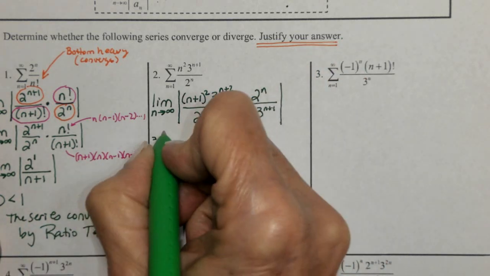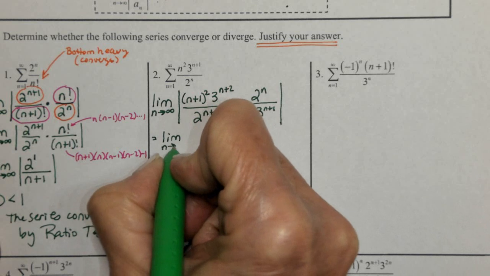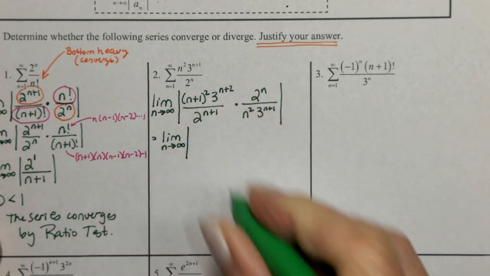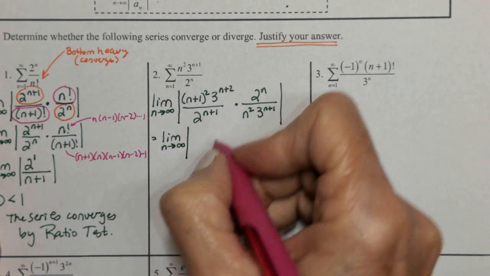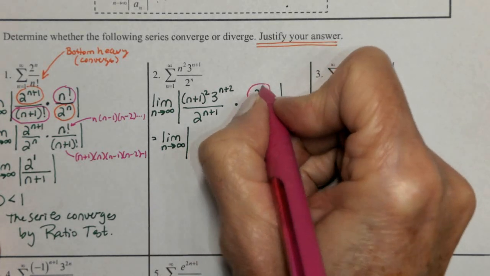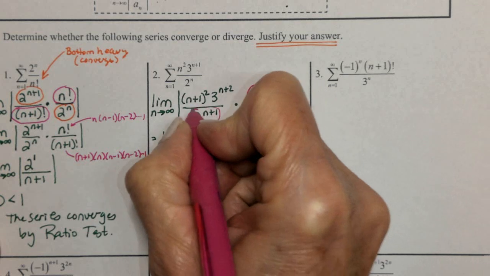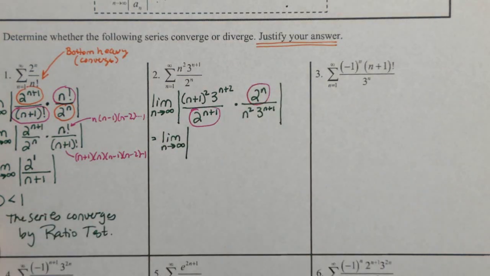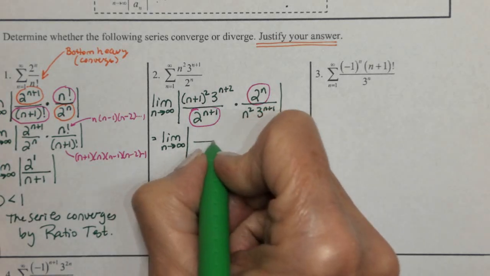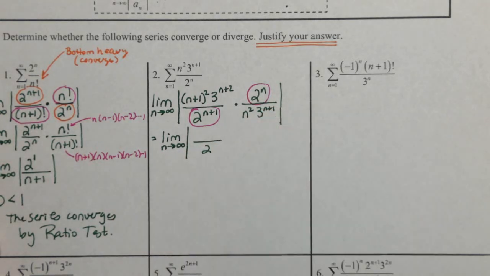So I just flip what I see there. Time to clean up what's inside of our absolute values. Let's take a look at this 2 first. 2 to the n, 2 to the n plus 1. That reduces, leaving a single 2 in the denominator. Now let's take a look at the 3's.